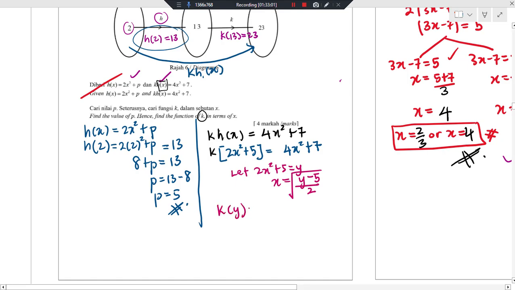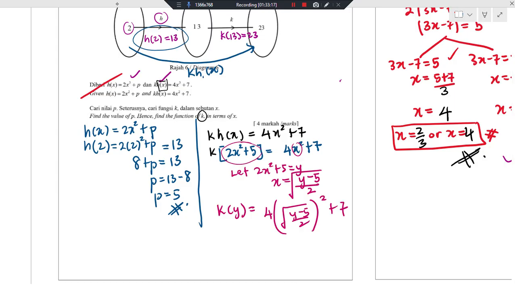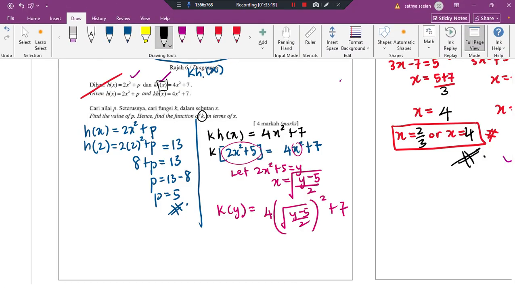Okay, careful when do this. Square and square root akan cut off, so leaving you like this, right? And then 4 and 2 you can cut off.